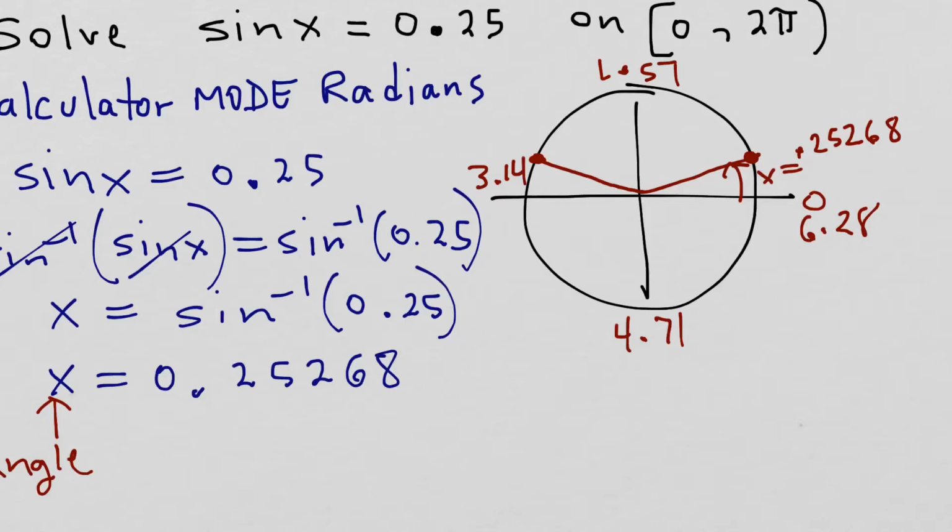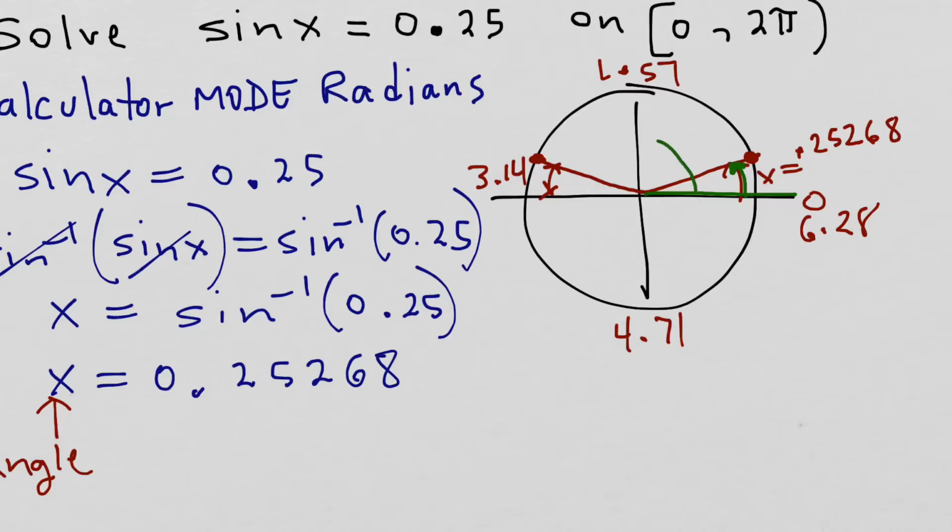So you know you're going to have another angle over here with that same amount right here, 0.25268. Okay, so when we talk about naming angles, we have to make sure we start on the initial side over here of 0. So we've named this angle starting on your initial side, ending there.